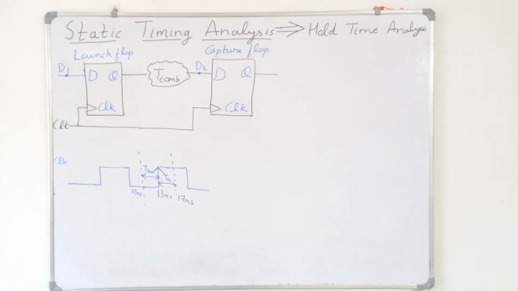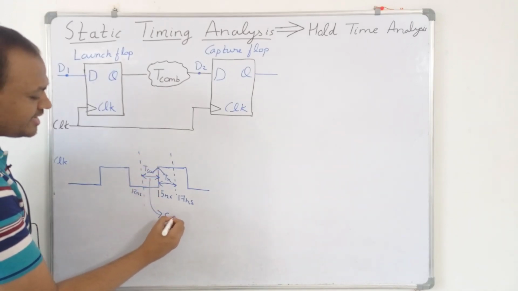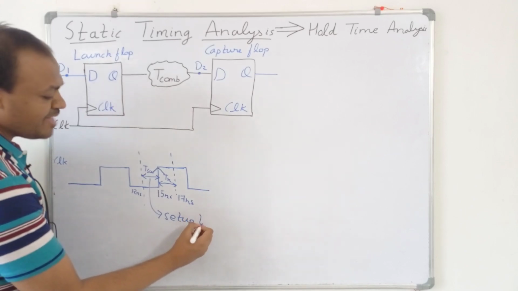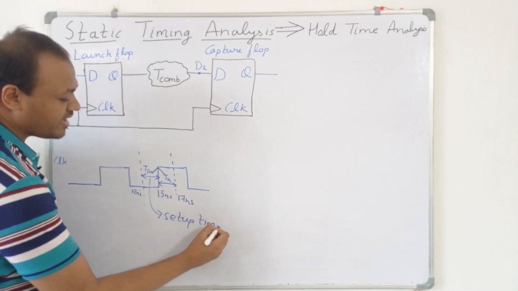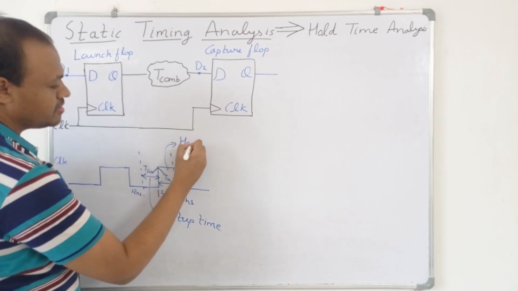So the setup time is the minimum amount of time before the arrival of the clock edge for which the data must be stable, and the hold time is the minimum amount of time after the arrival of the clock edge for which the data must be stable.